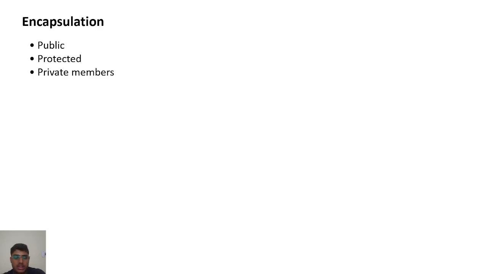This is exactly how encapsulation works in Python. It hides sensitive data and provides controlled access to it. Encapsulation is about protecting data while still allowing safe and controlled access to it.